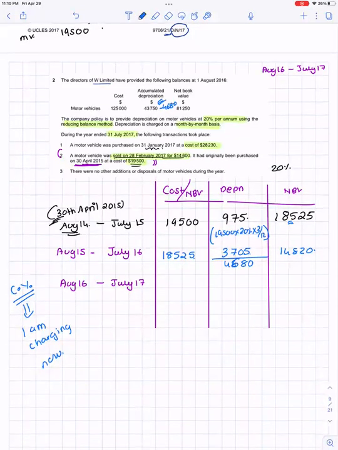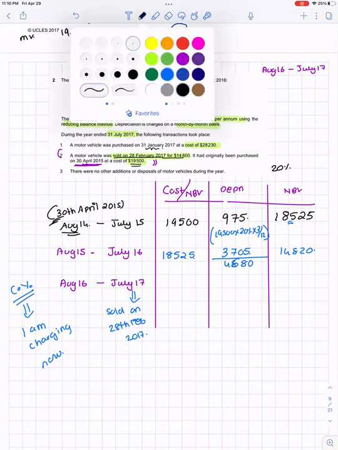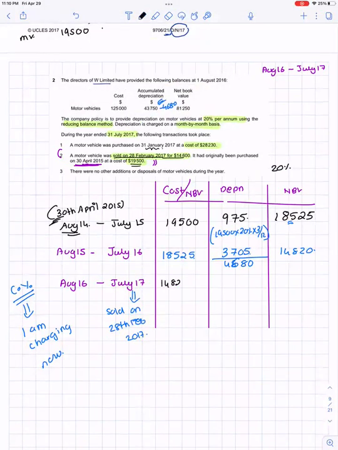Now in the current year, when did I sell it? 7 months, I guess. 7 months. 28th February 2017. So August, September, October, November, December, January, and February. 7 months, yes. So 14,820 is the net book value, and 14,820 into 20% into 7 by 12.